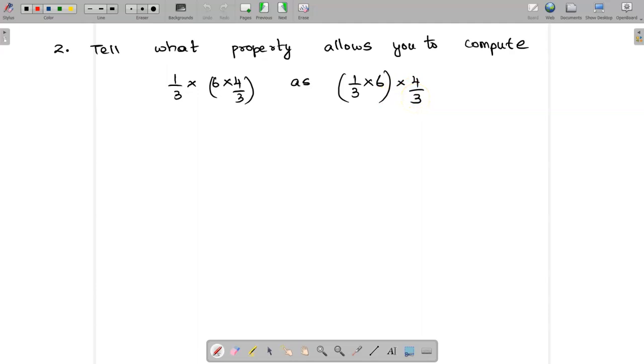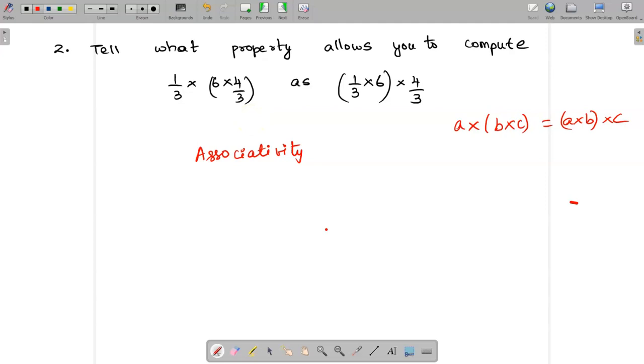It looks like a into (b into c) equals (a into b) into c. This is the associative property, so we write associativity. In multiplication we have this property, which is associativity.